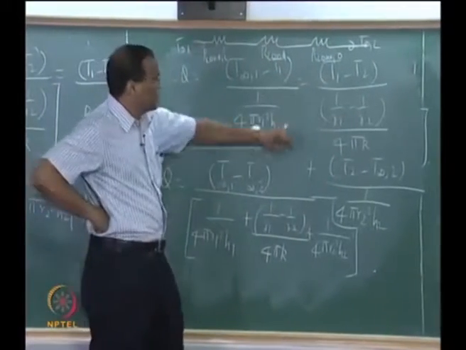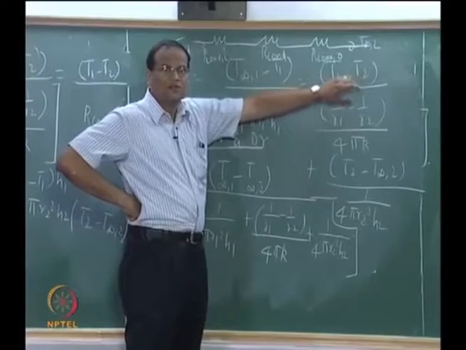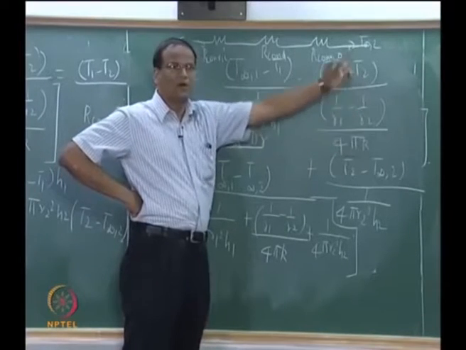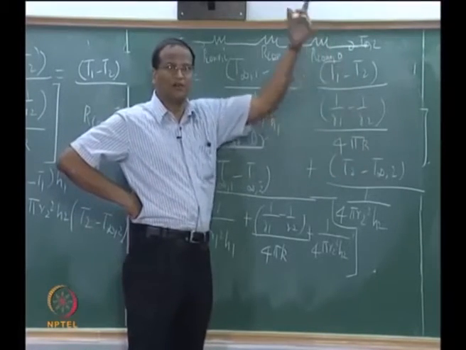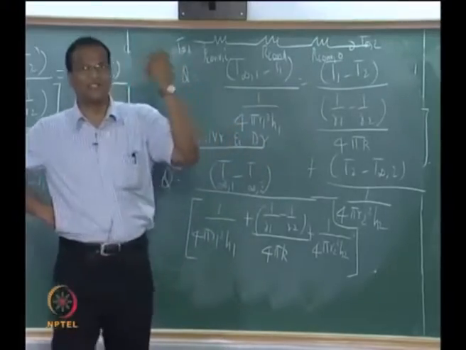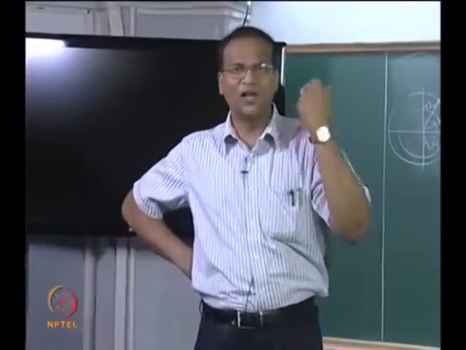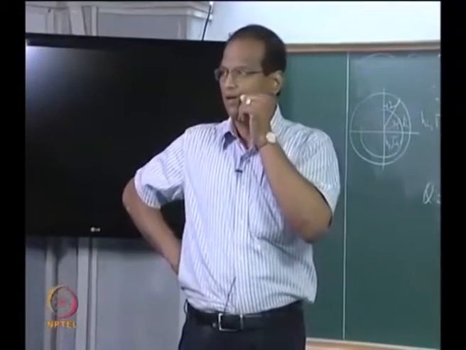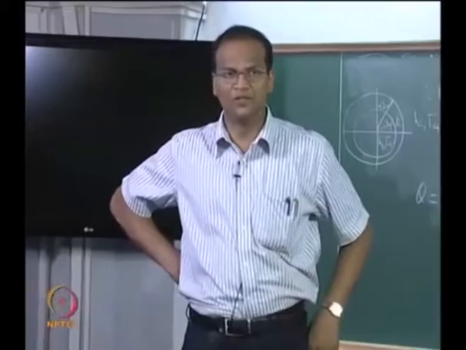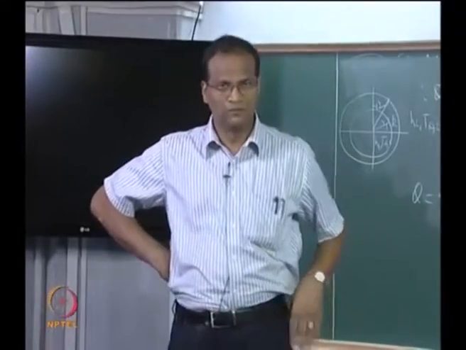Now you can keep on adding sleeves of varying radii R2, R3, R4 with different materials K1, K2, K3. You can have a composite spherical shell made up of several materials, which has a convective heat transfer coefficient on the inside and also on the outside.